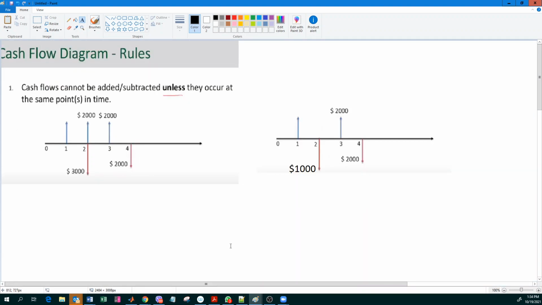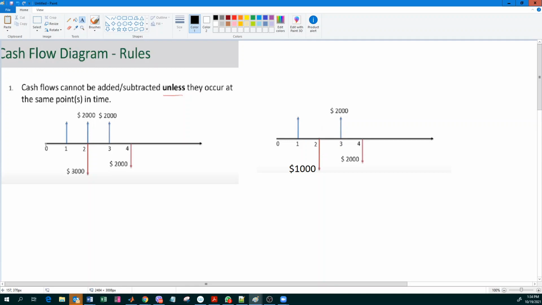Do you see what I've done? Look on the left hand side and look on the right hand side. Can you see that there's $2,000 cash coming in, but there was $3,000 of cash leaving? So therefore the net effect, what is the net effect on year number 2?